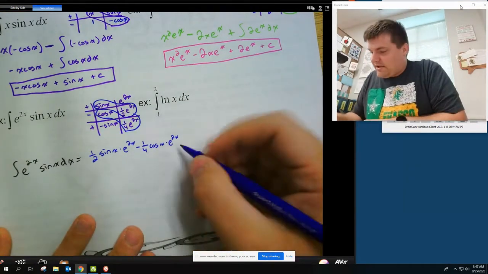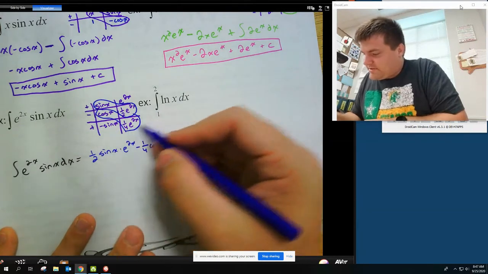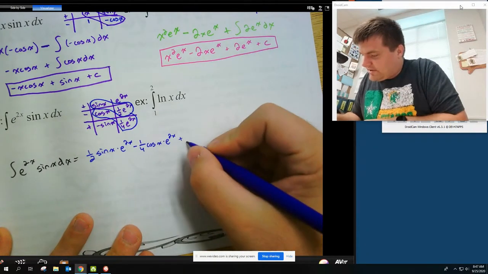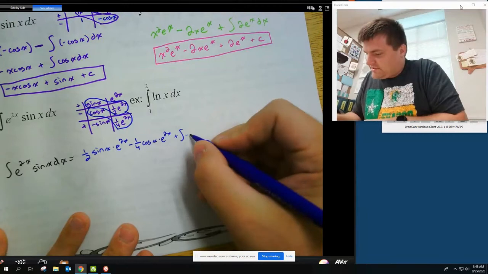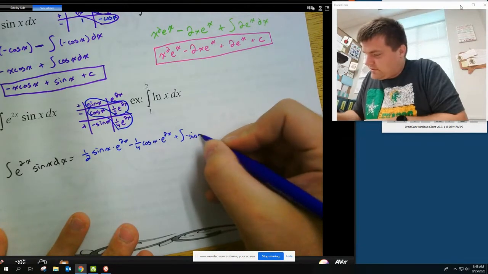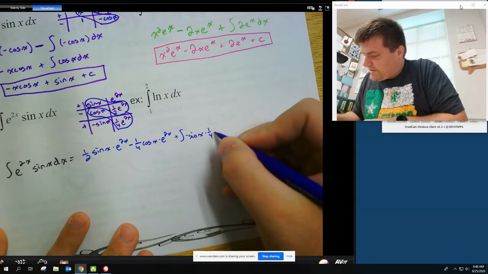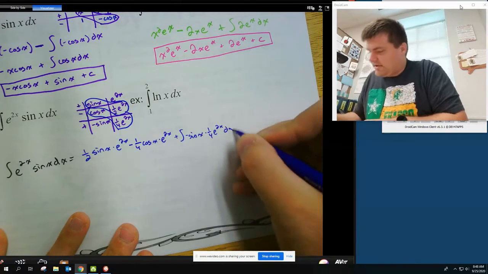And then I'm going to get plus this. So plus my integral of negative sine of x times 1/4 e to the 2x dx.